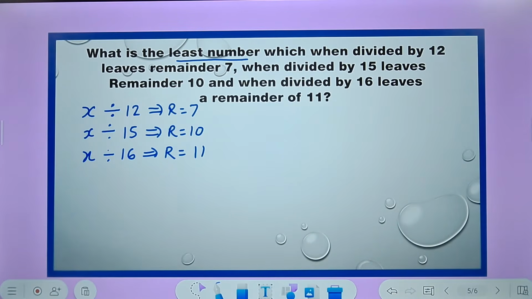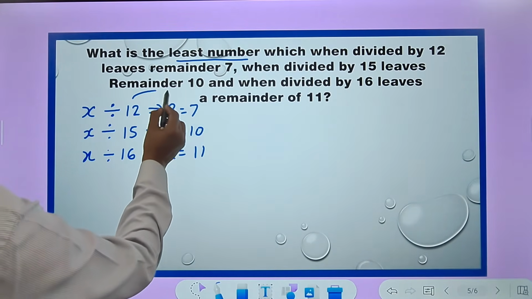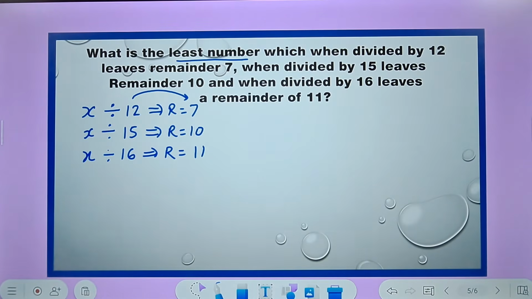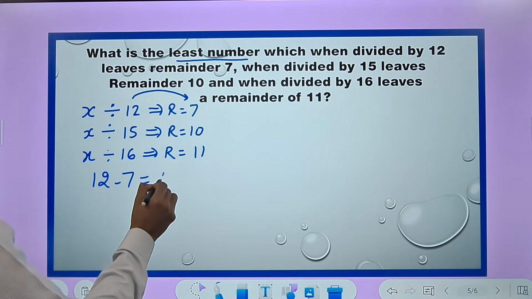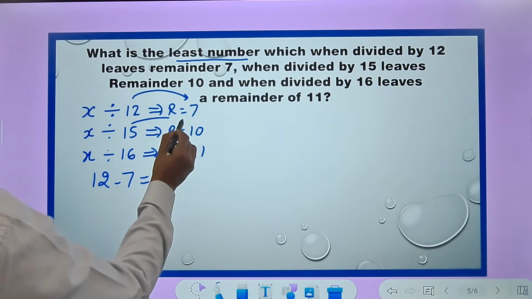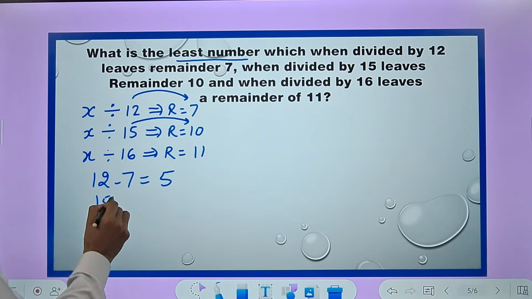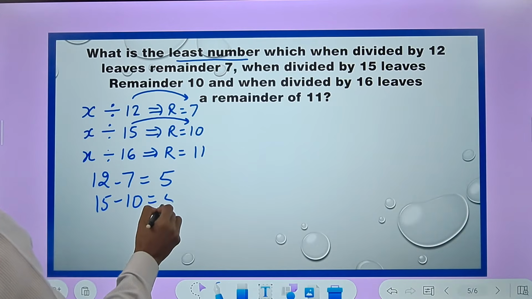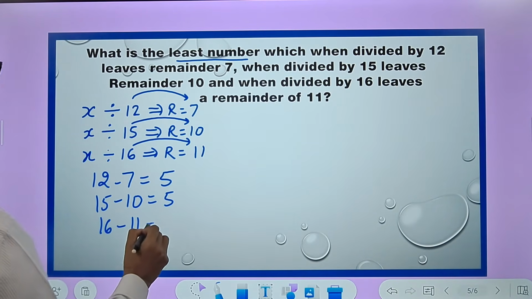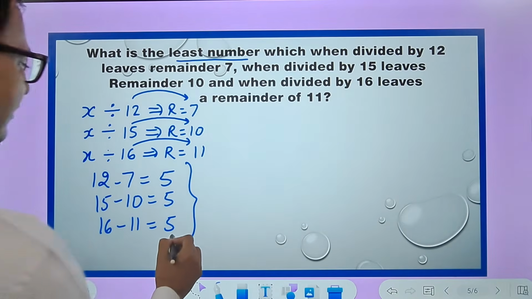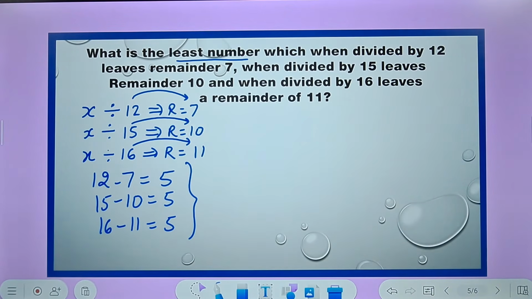So here the difference between the divisor and the remainder is what we have to check. When you do 12 minus 7, you get 5, and likewise 15 minus 10, you again get 5, and 16 minus 11, again you are getting the same number 5. Now this is one point of observation in this question.